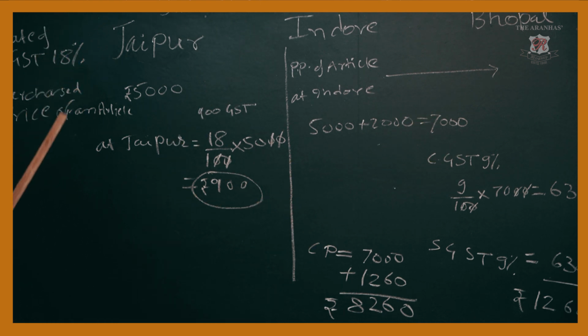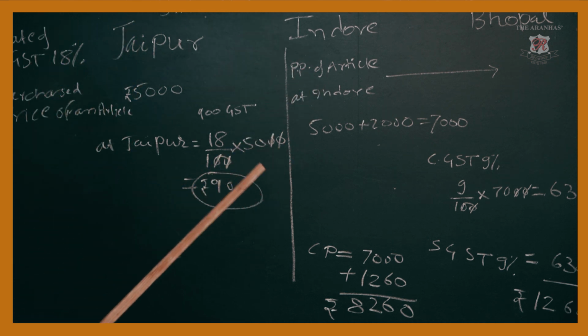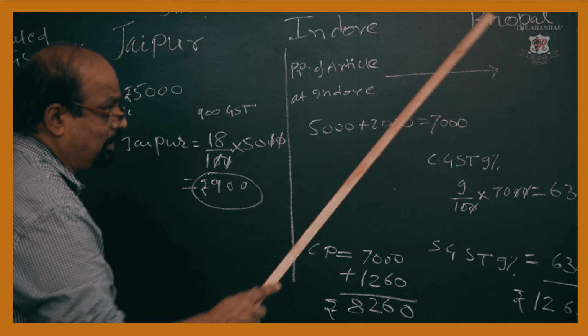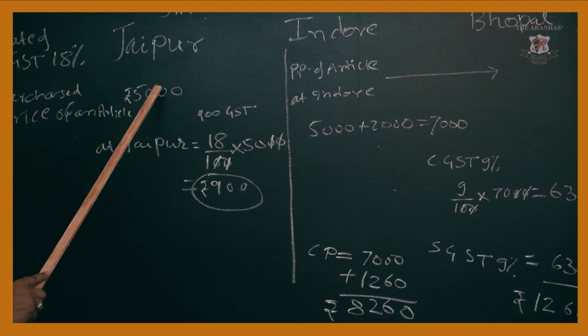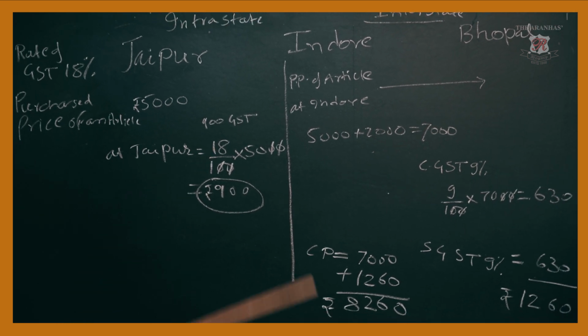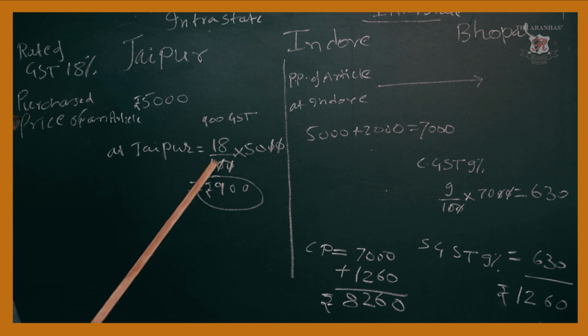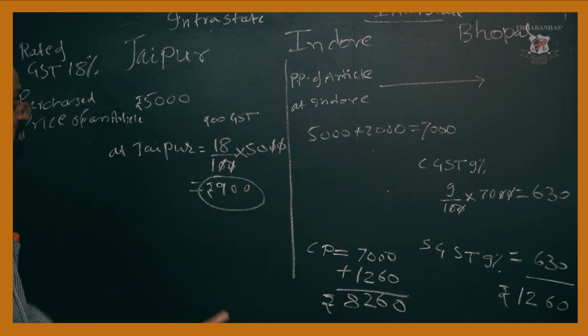One article from Jaipur to Indore and from Indore to Bhopal is being sold. The cost price of the article was rupees 5,000. The rate of GST is 18%. Since this is intrastate, we have to calculate 18% on that. That will give 900 rupees.